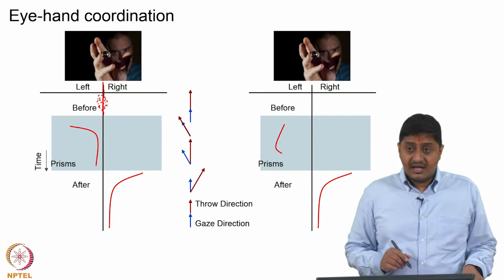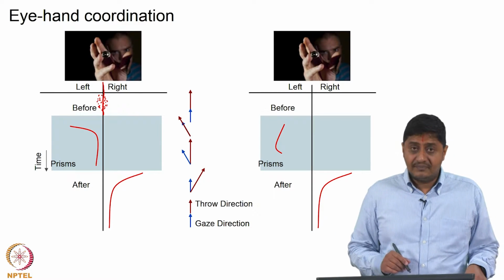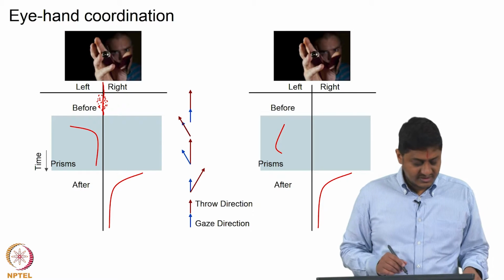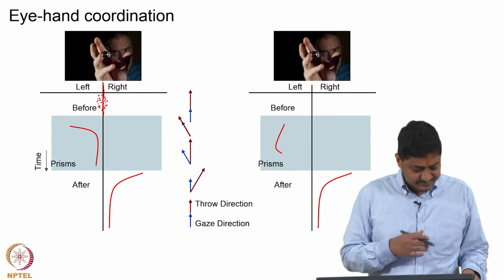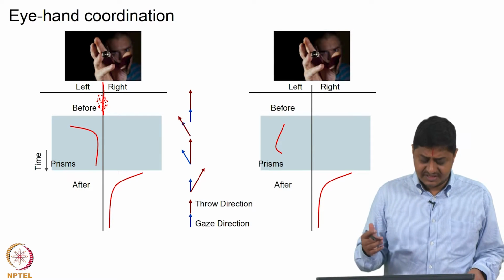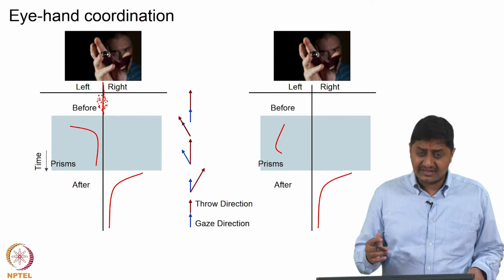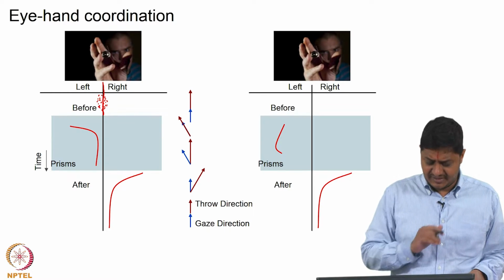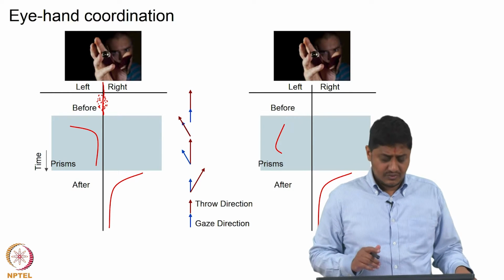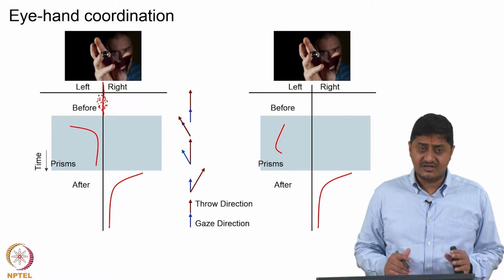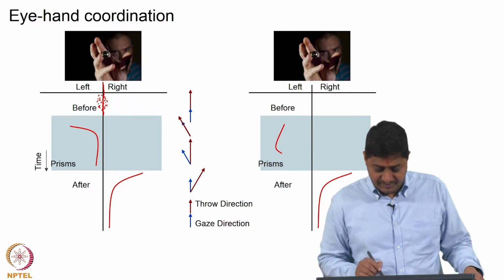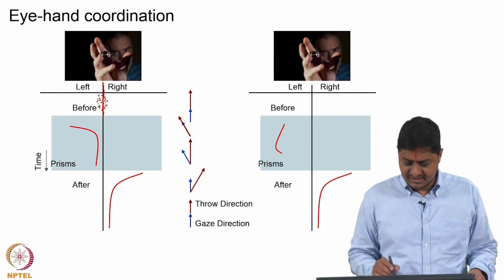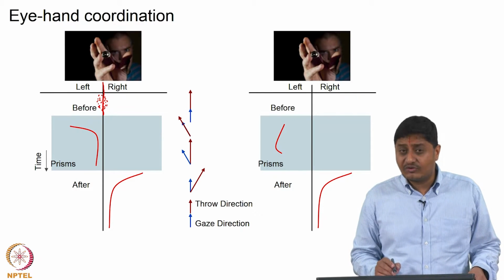Now, they are asked to wear prism glasses. What this does is it shifts the vision or the gaze direction to a different direction, right. In this case it shifts the gaze direction to the left. Initially, before the person was wearing the prism glasses, the hand follows the eye.